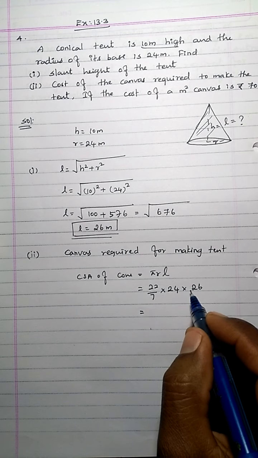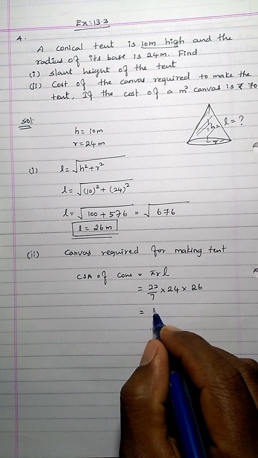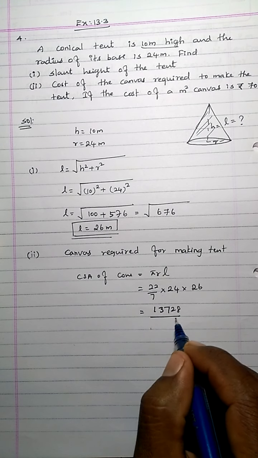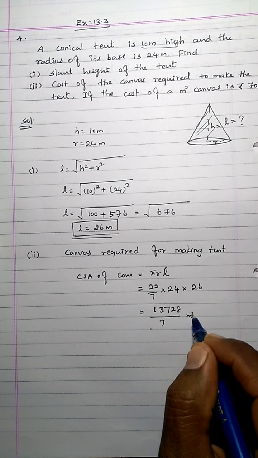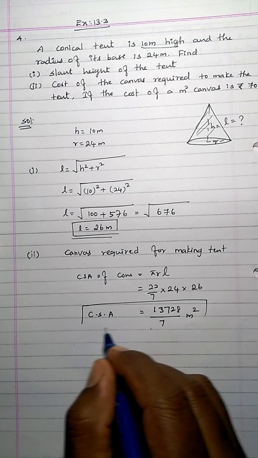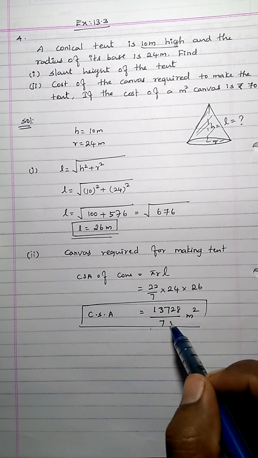Multiply all these three and then divide by 7, and you will get the CSA of the cone. If you multiply all these three, you will get 13,728 by 7 meter square. So this is the curved surface area of the tent, meaning this much meter square is required for making the tent.